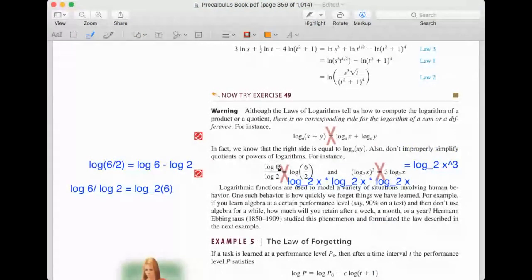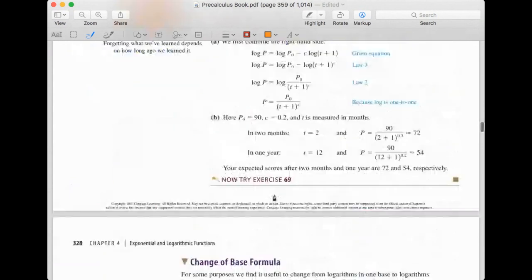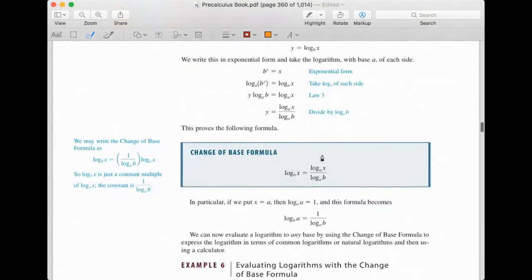Log 6 divided by log 2 is not equal to log of 6 divided by 2. Log of 6 divided by 2 can be written as log 6 minus log 2. And log 6 minus log 2 is not equal to log 6 divided by log 2, because one is minus, one is a division. But we can follow this changing of base.